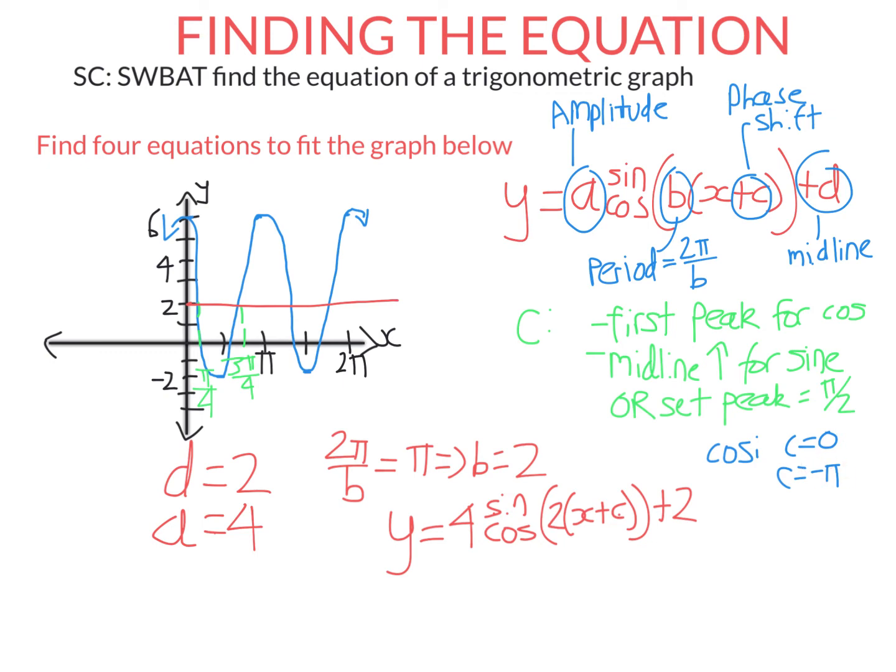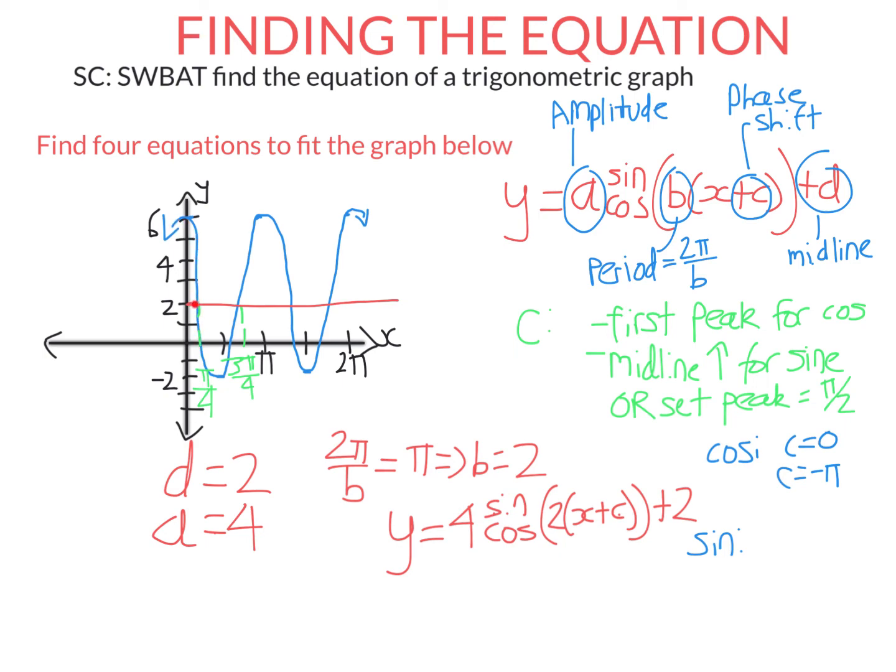Once you've found one value of C, you can just add or subtract multiples of the period to find another value of C. So what about the value of C if it was a sine graph? This is the only thing that changes whether it's a sine or cosine graph. I can't use these for a sine graph. But if you're looking for a sine graph, look at where the graph is at the midline, but when it's increasing. So this graph hits the midline here at pi on 4. Sorry about my bad drawing.